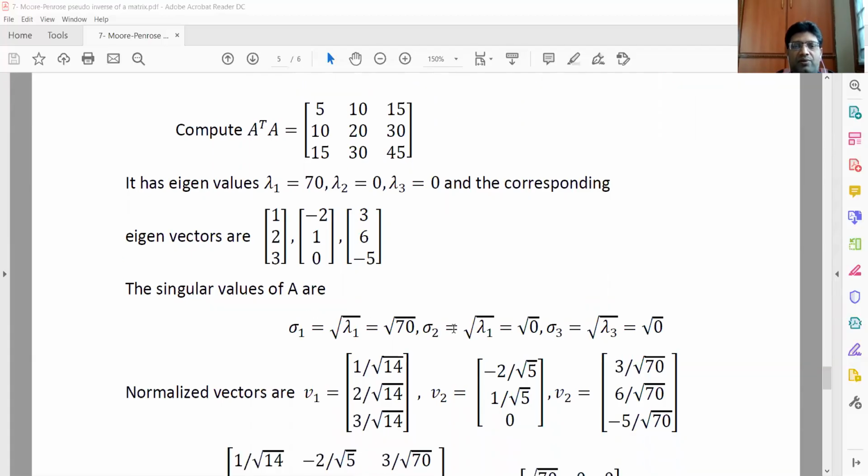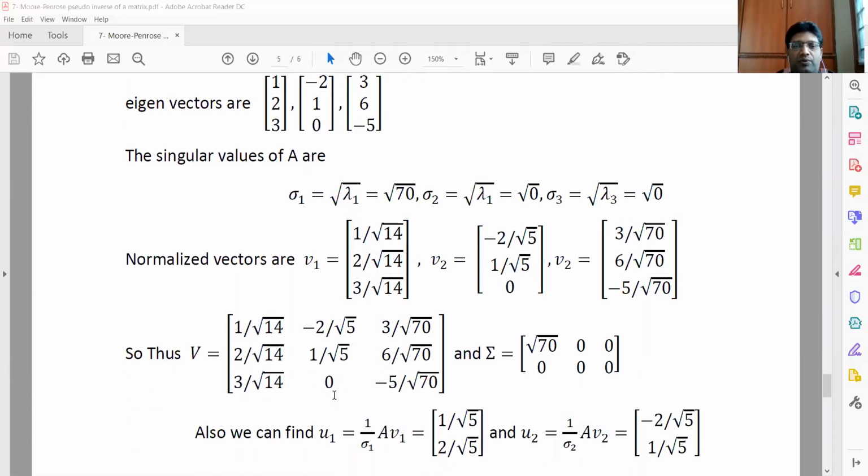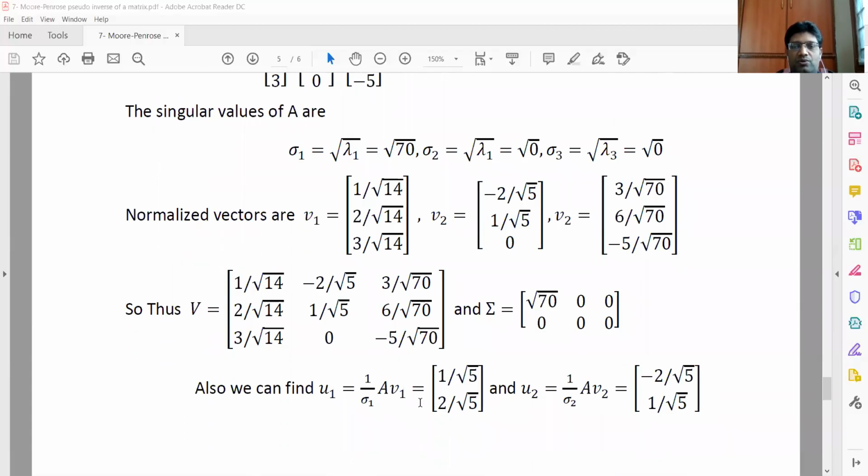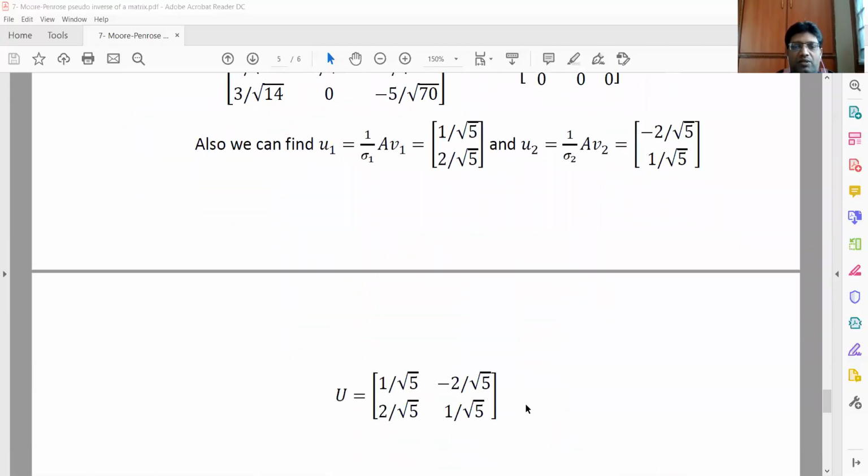So the singular values are these, and the normalized eigenvectors are V1, V2, V3, and from that we get V. Sigma we construct by taking the largest value here, next 0, next 0, and u1, u2 using those two formulas, because this procedure we have already seen. So from that you will get u.